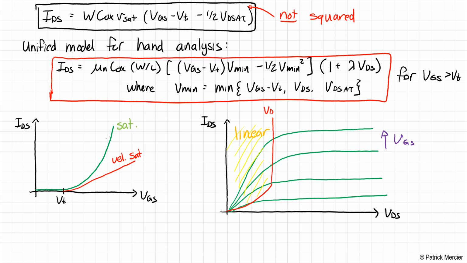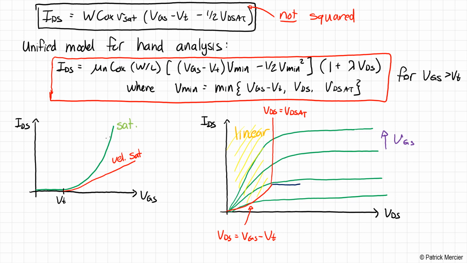This is the VDS equals VDsat line. So anything to the left of this line, and I should perhaps specify this line, this is VDS is equal to VGS minus VT. Everything to the left of this red line is the linear regime of operation.